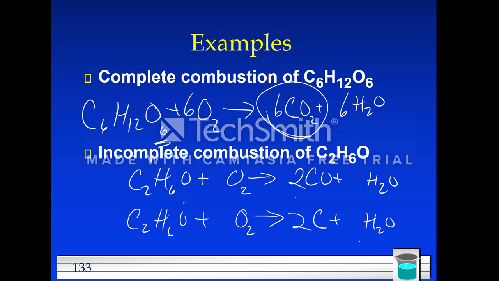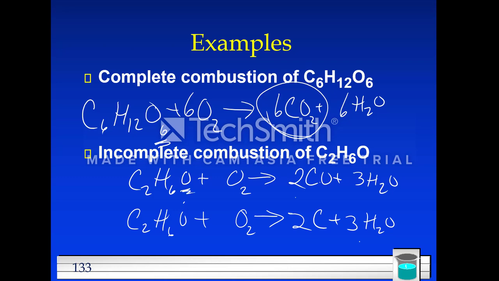Two carbons means I have to put a 2 in front of both of those. 6 hydrogens means I have to put a 3 in front of both waters. The bottom one has 2 oxygen and then 3 more oxygen, 5 oxygen. And you say, oh, I have to double this. No, no, no, you don't have to double this, because I want 5 on the reactant side and one of them's already spoken for.